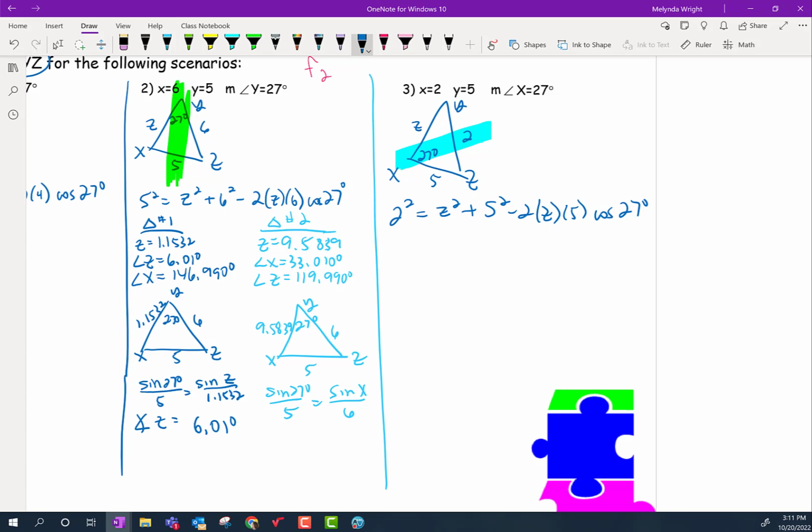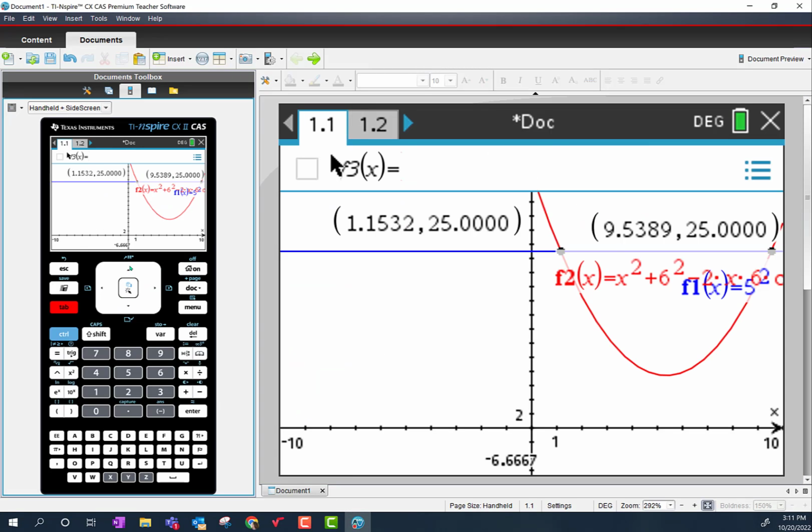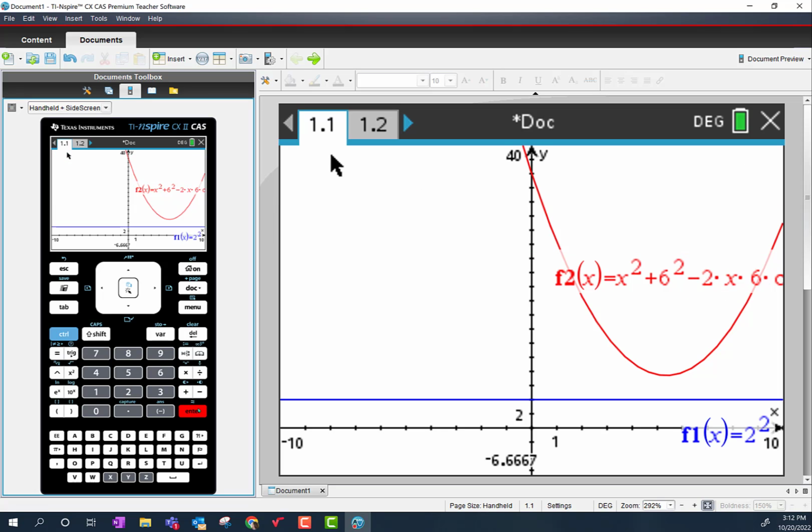All right. Everybody okay? If you would then, let's go to our calculator and let's put this in. Let's see what happens. So again, I'm going to use this same scenario, and I'm going to hit tab, and I'm going to go back up to the top. Now this number is supposed to be 2 squared, so I'm going to change that to 2. 2 squared, enter.